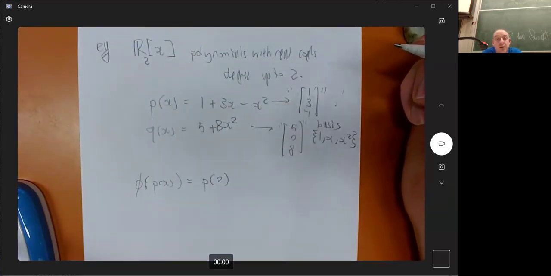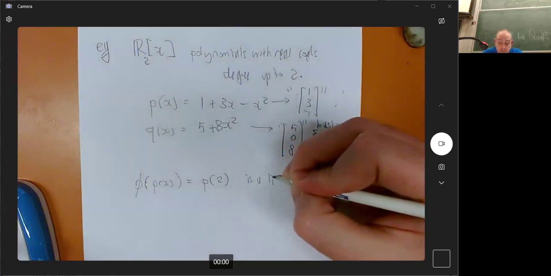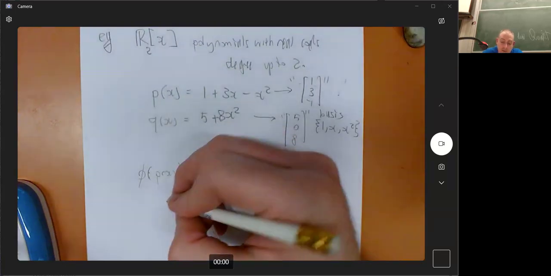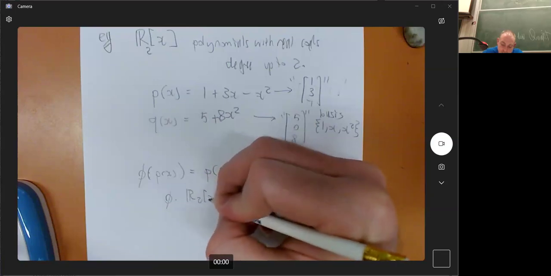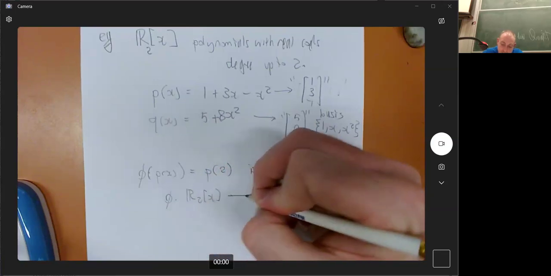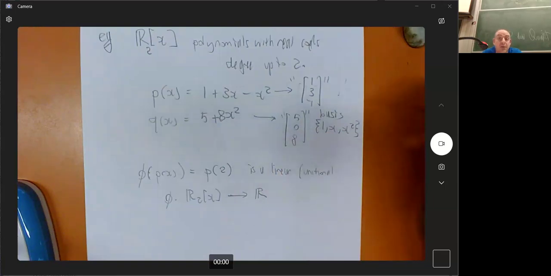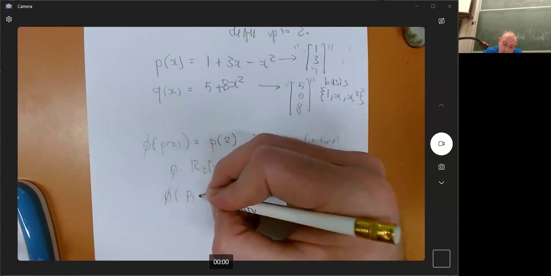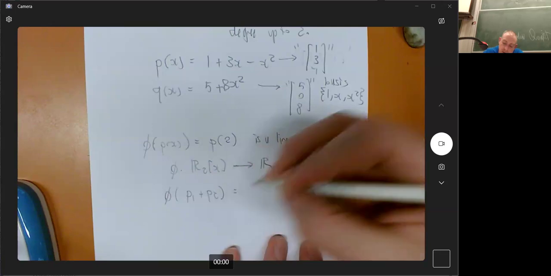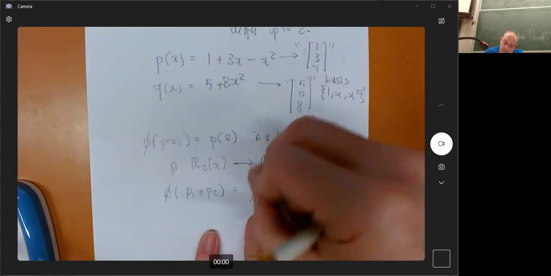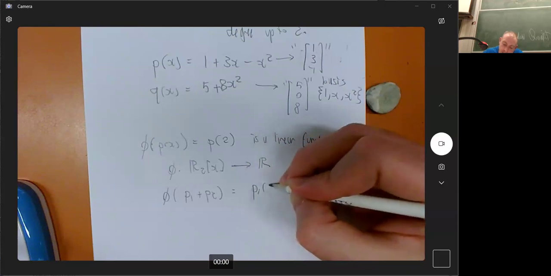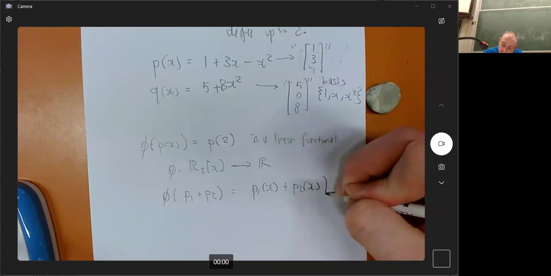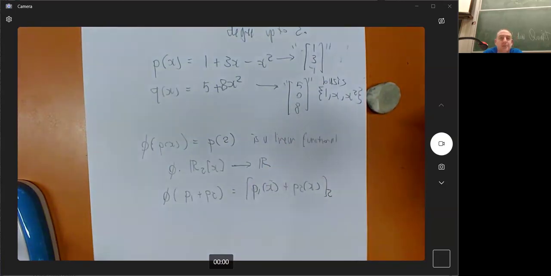That's a perfectly good linear functional. Phi starts in R2[x] and produces a real number. That's the first thing it needs to do. And also phi of P1 plus P2 is this function but with 2 subbed in.